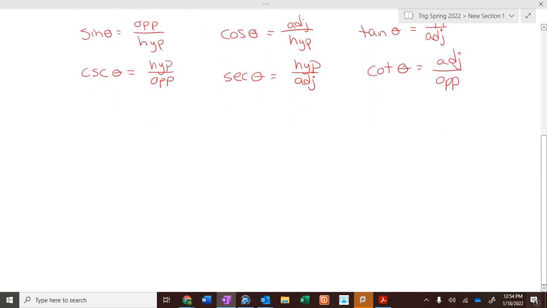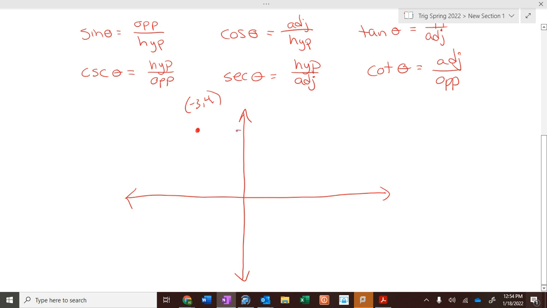Okay, so let's take a point such as the point -3, 4. This is a point -3, 4 on the coordinate system.